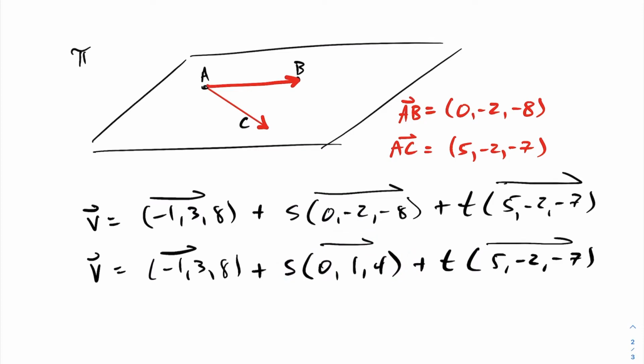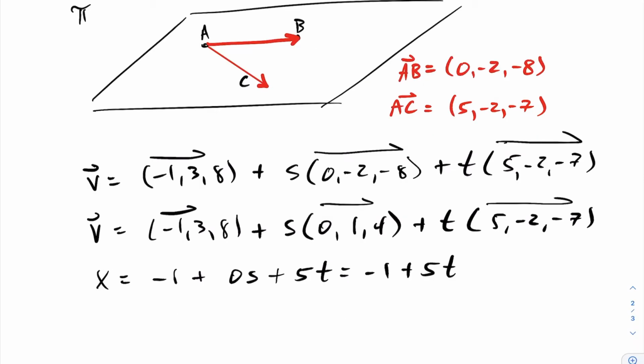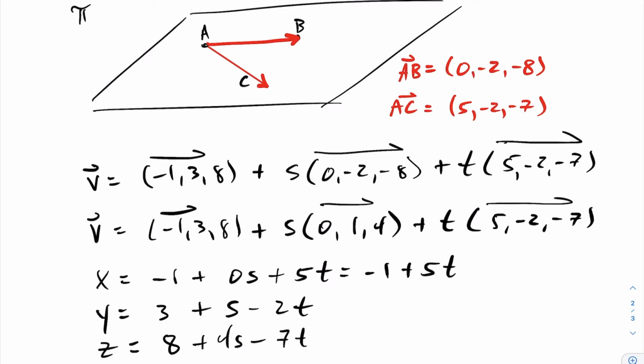If I want to express this in parametric form, x will equal -1 plus 0s plus 5t, which is -1 plus 5t. y will equal 3 plus s minus 2t. And lastly, z will equal 8 plus 4s minus 7t.